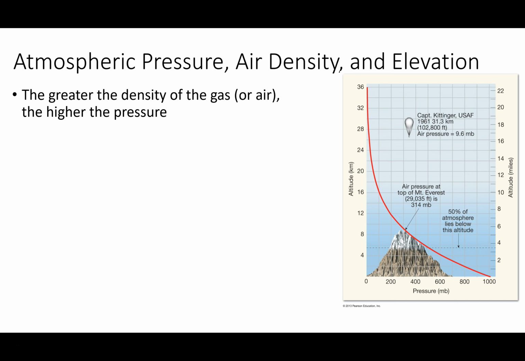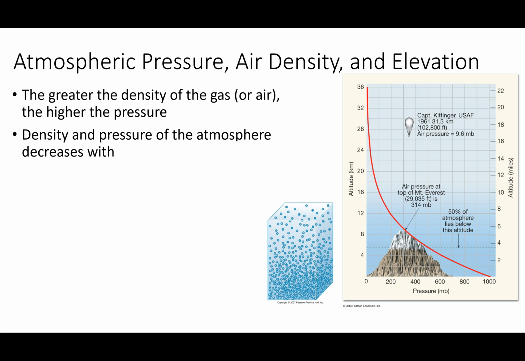You keep going up and there are less and less particles. In the Red Bull video that we watched the other day, when he got up to upper elevations, the skies were no longer blue, because what makes the skies blue is the presence of oxygen and nitrogen, which scatter light.